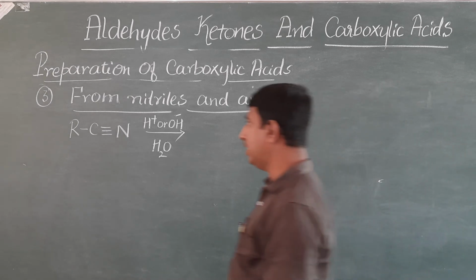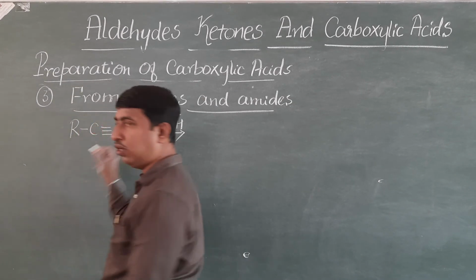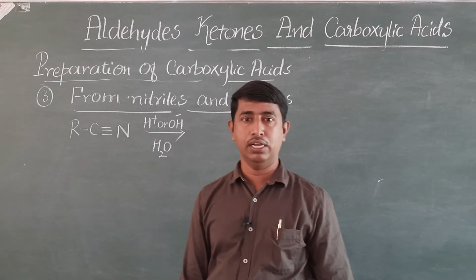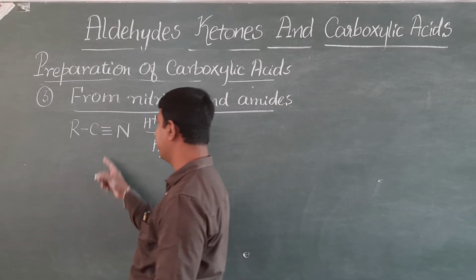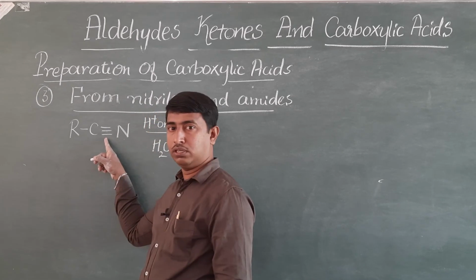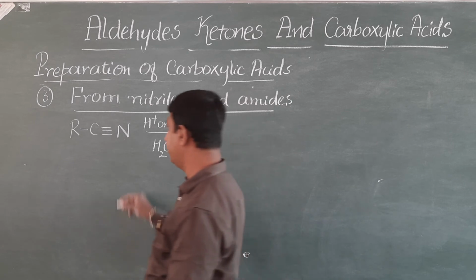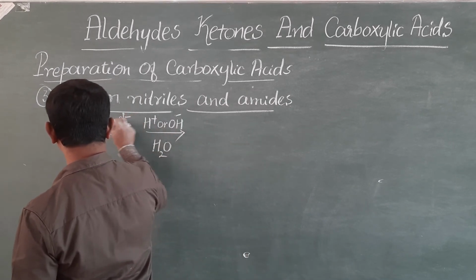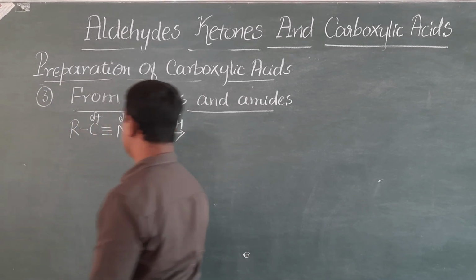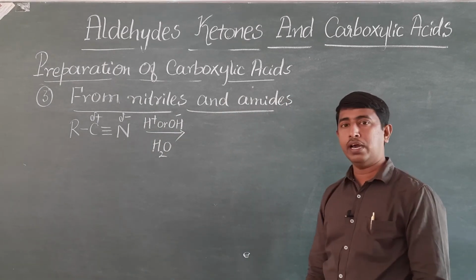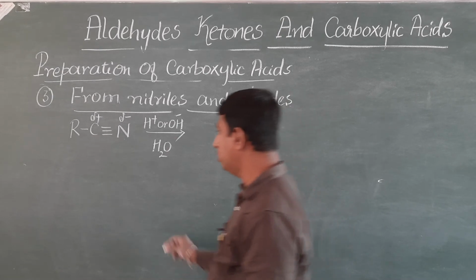Nitrile. See, in nitrile, we know that nitrogen is more electronegative compared to carbon. So the shared pair of electrons will be shifted towards nitrogen. As a result, nitrogen gains partial negative charge, carbon gains partial positive charge. Now, what about water?